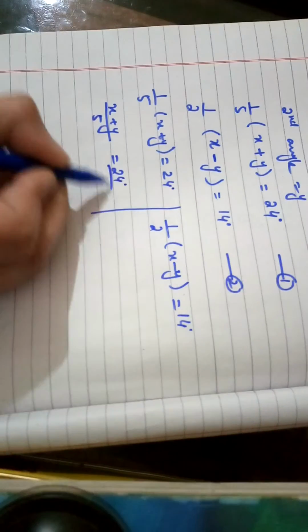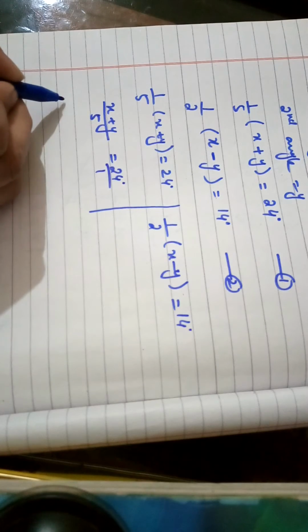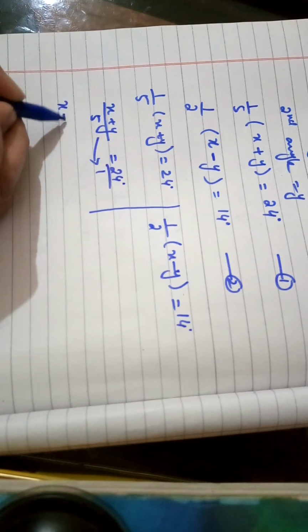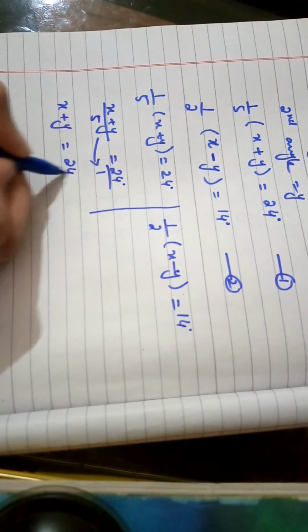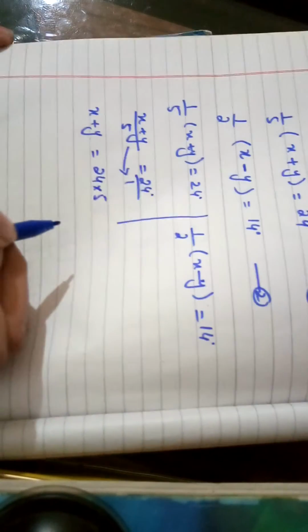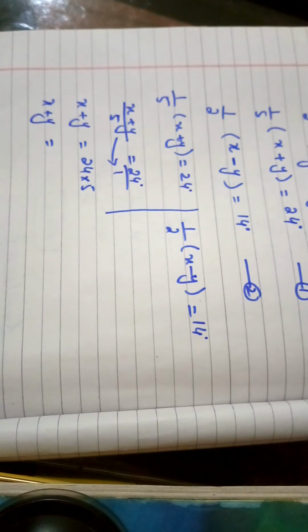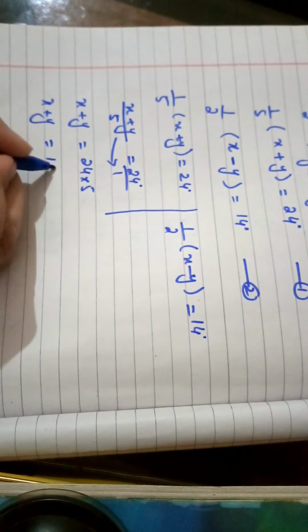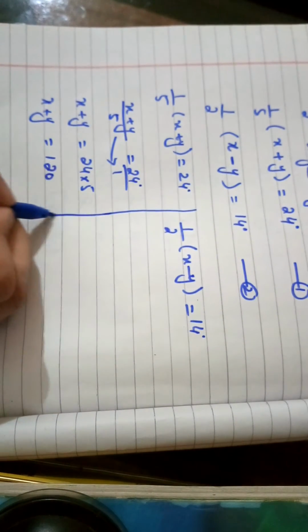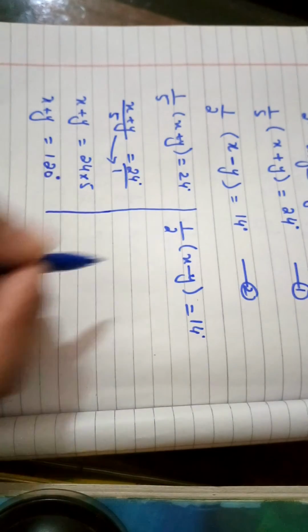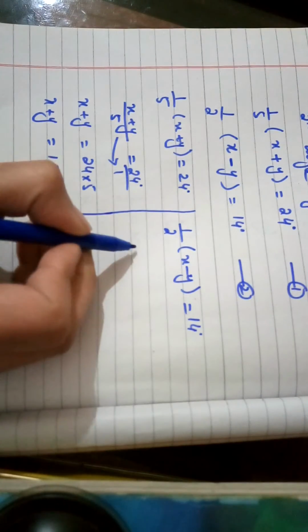Now do the cross multiplication. x plus y multiplied by 1 and 24 multiplied by 5. x plus y is equal to 120 degrees.